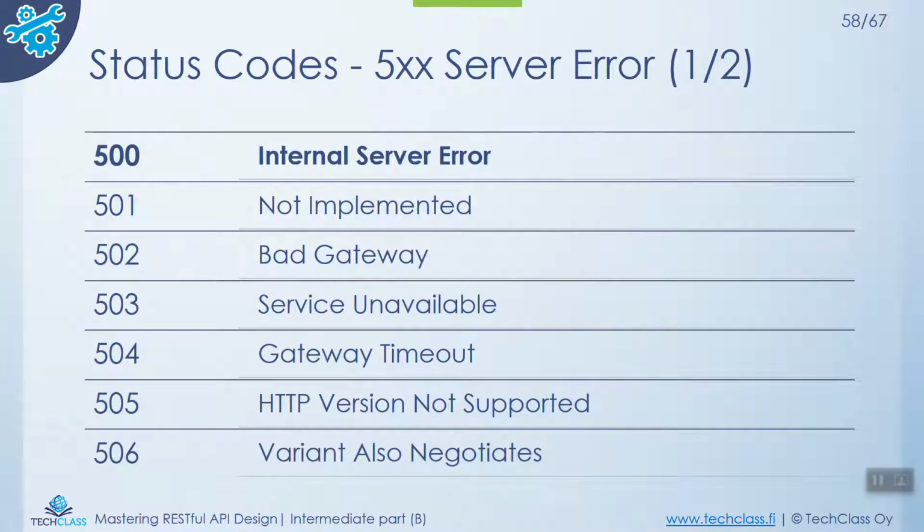And then we have server errors, which start with 5. It's recommended that you do not show these server error codes to the client, especially if the client is a regular user. There's no need to tell the user there was some internal server error. You can tell them some mistake happened, because otherwise you are somehow opening doors to unwanted information being shared. Sometimes clients might be hackers, or people who want to take advantage of the system.